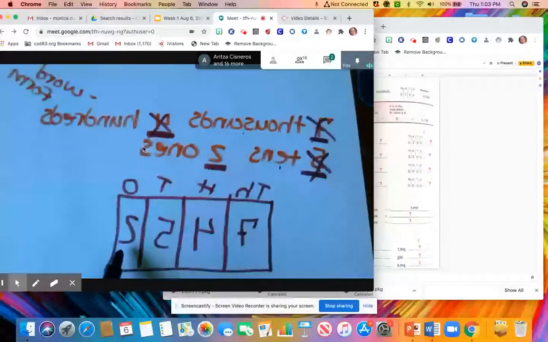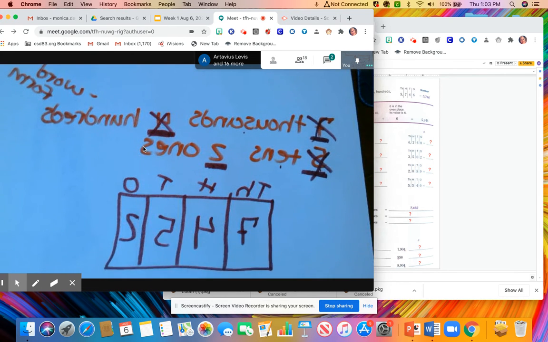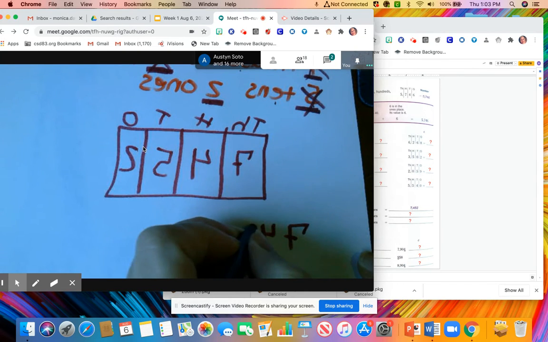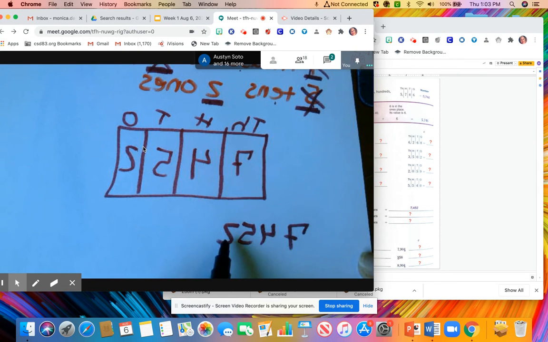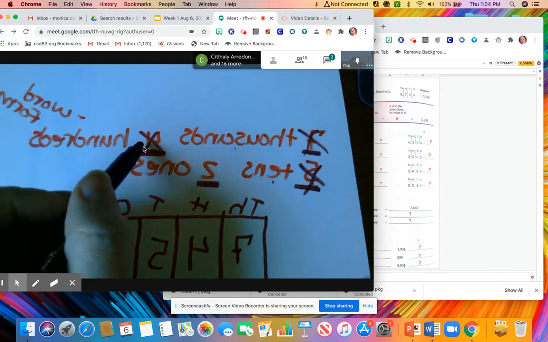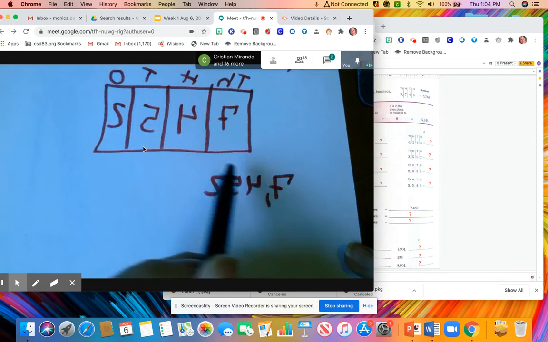So now when I go to run it through as standard form, I can just write my number again, 7, 4, 5, 2. And then I'm going to count over 3. 1, 2, 3, and that's where I put my comma. So if they tell you to write the number and you see this, they want you to write that as your answer.